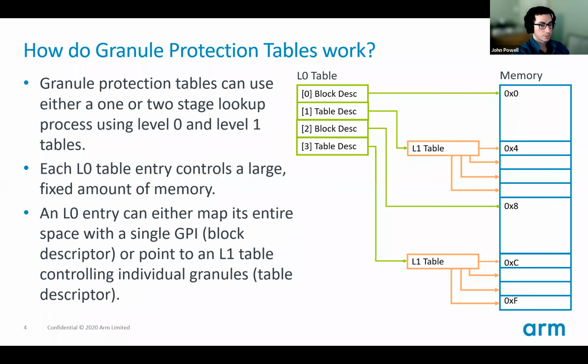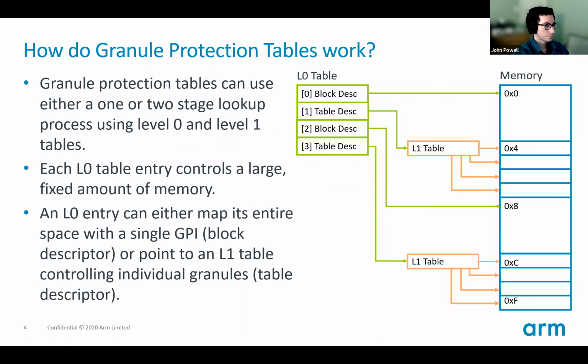An entry in the L0 table, called an L0 descriptor, can either map its entire space to a single GPI using a block descriptor, or contain a pointer to a level 1 table using a table descriptor. This allows for much finer delegation of the same memory space by dividing it into much smaller chunks called granules, hence the name granule protection tables, at the expense of requiring more table memory and an additional lookup step for each memory access.